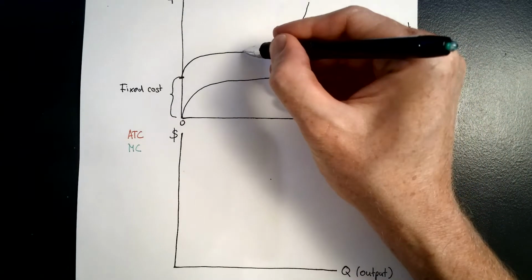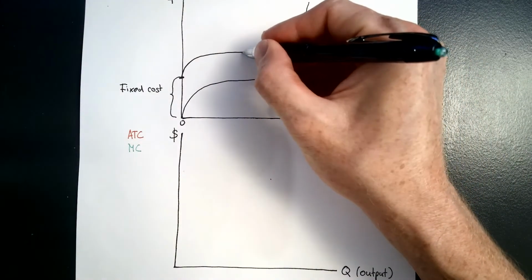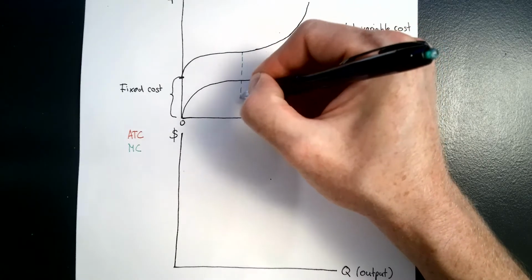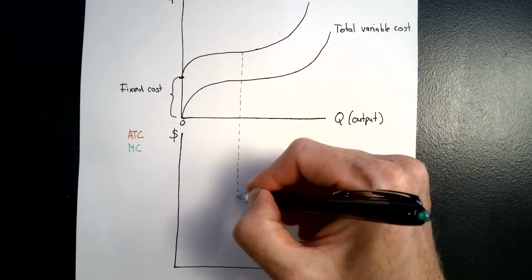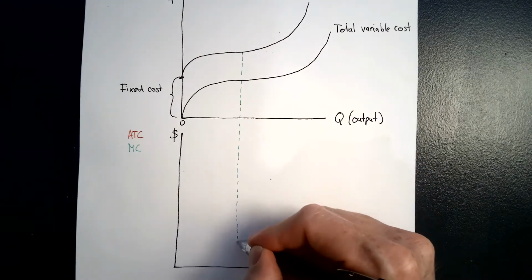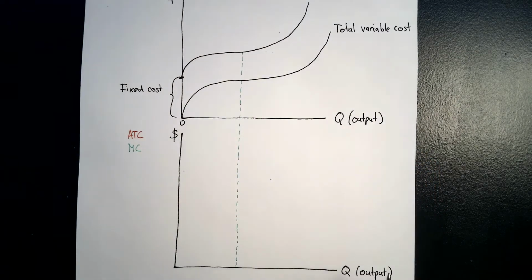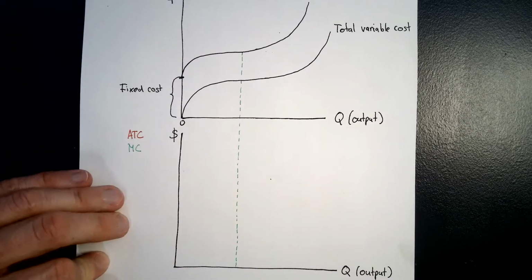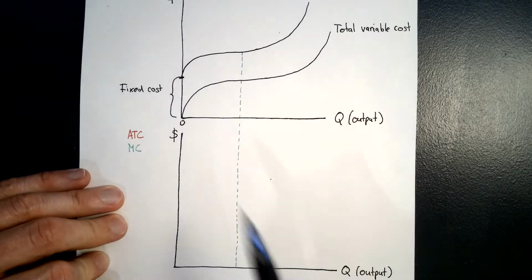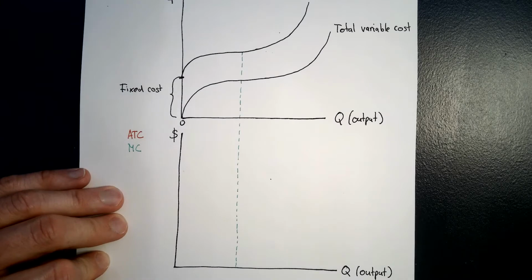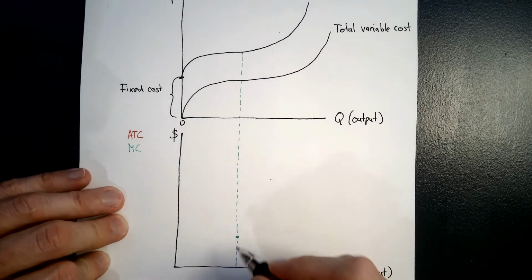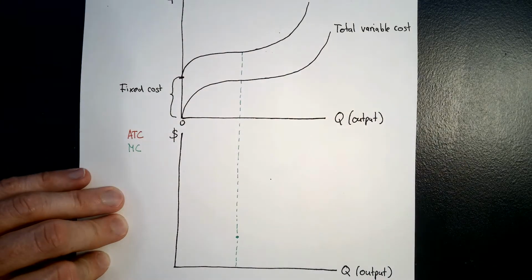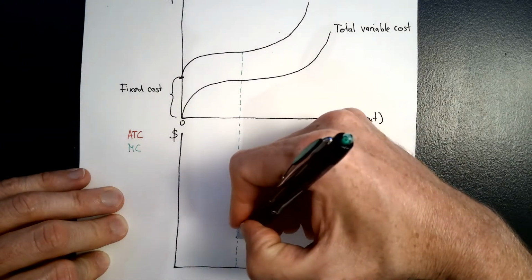So what this means is that for this particular point here, the steepness or the slope of the total cost function is minimized, or is smallest. Since the marginal cost is the slope of the total cost function, that also means that at this point, the marginal cost is minimized.